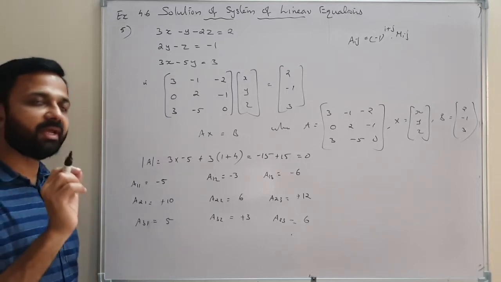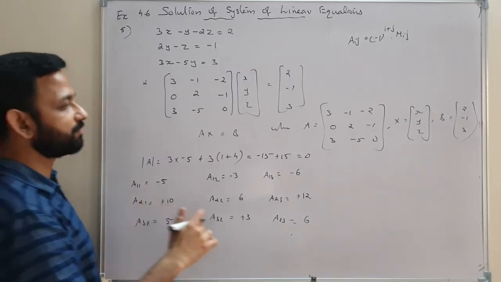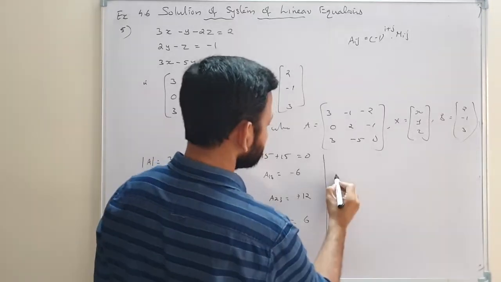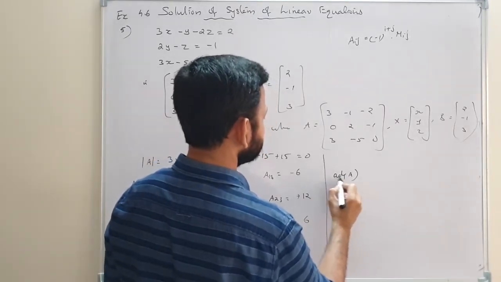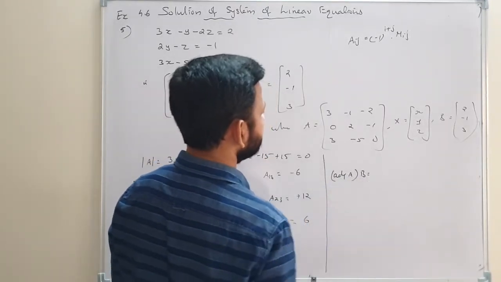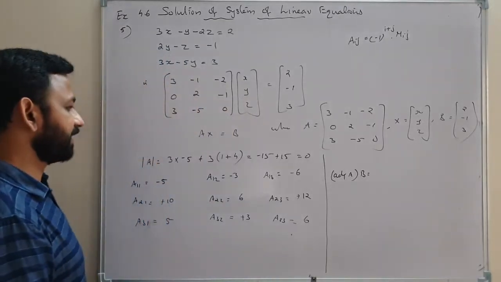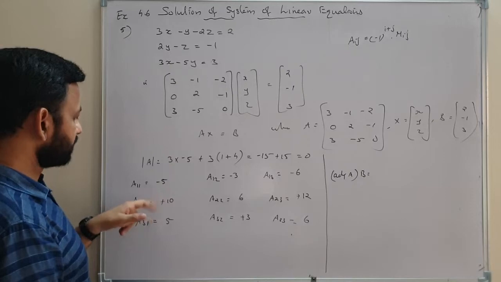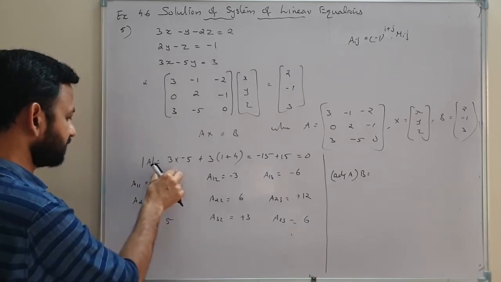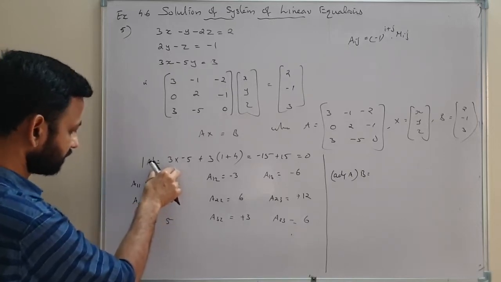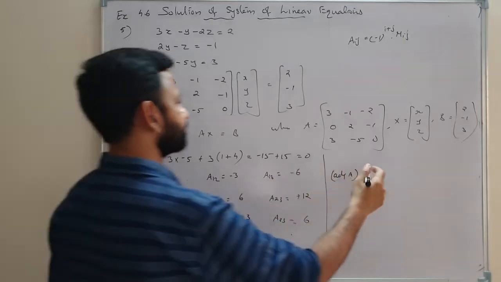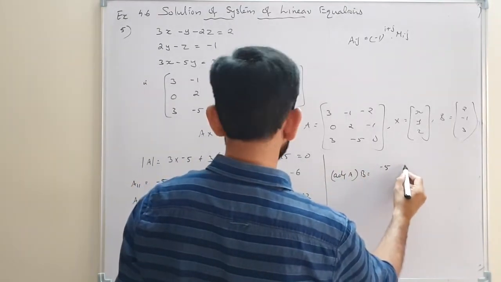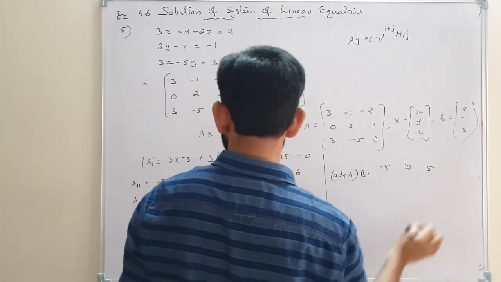Then adjoint A is the transpose of the cofactor matrix. So adjoint A into B, we can find adjoint A. Adjoint A is the transpose of the cofactor matrix, so the first column will be the first row: minus 5, 10, 5.